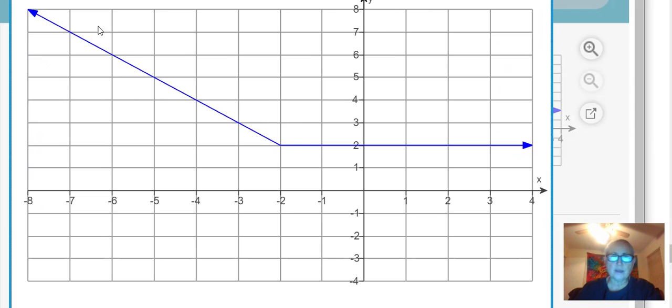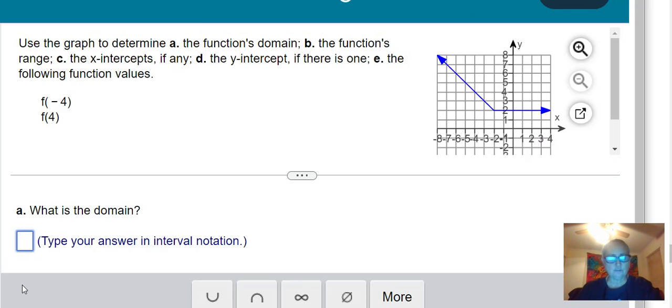It goes forever up and to the left. It goes forever to the right and stays flat. So the domain keeps going forever to the left, forever to the right. So the domain is -infinity to +infinity. Need parentheses on both ends.